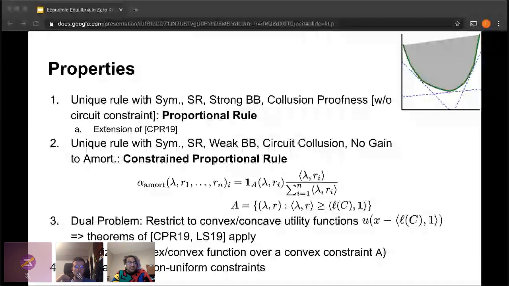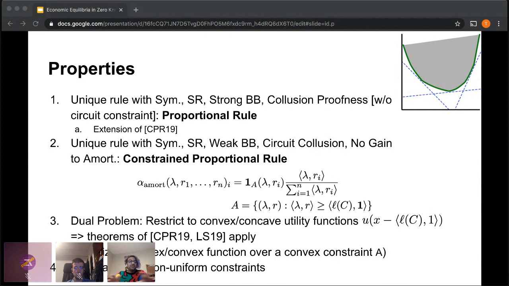And the other thing we prove is that, thankfully, these are all convex problems because we're constraining it to a convex optimization problem over a convex set. So we can construct your standard Lagrange duals and Legendre transform type of things. And you can actually show that you have a circuit dependent utility function.